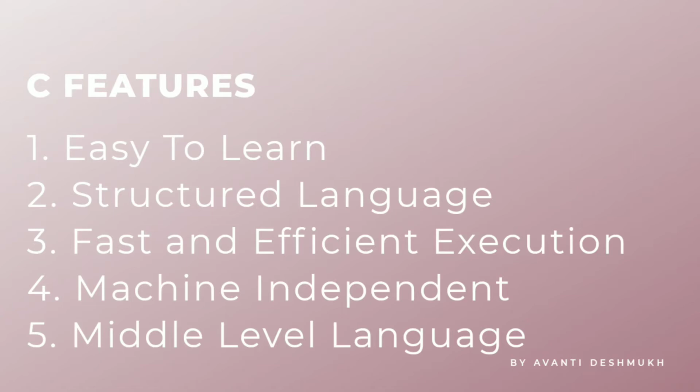It is a structured language. Programs written in C language are fast and efficient in execution. C programs are machine independent, that means they are portable. It is a middle level language, that means it consists of low level language features as well as high level language features.